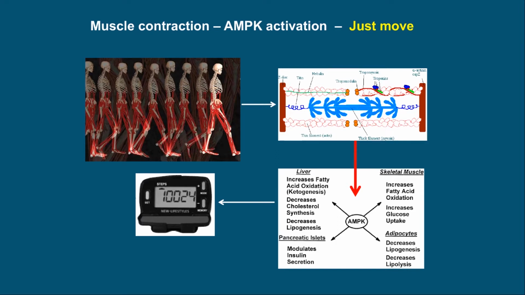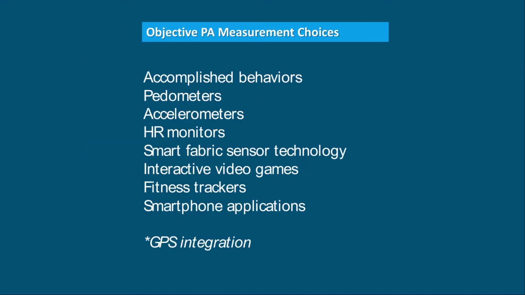Every single step. And you can make that complex, but when you see a step count on a pedometer or an accelerometer, you're basically counting very small aliquots of AMP kinase. And that has never changed. As simple as that is, the bottom line is really move and move often, period.